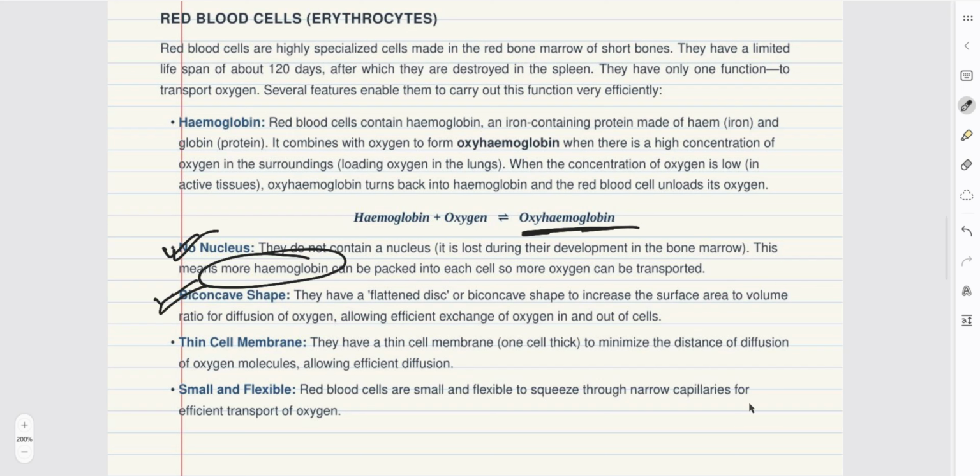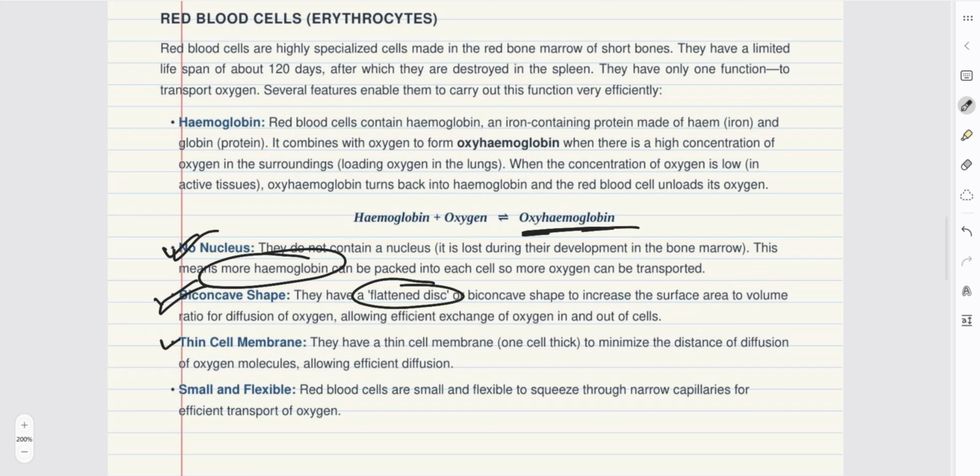It has a biconcave shape. What is the advantage of this biconcave shape? The smallest blood vessel is the capillary, right? This capillary lumen is very, very small, and only the red blood cell can pass through it by squeezing through the capillary lumen, and this is due to their biconcave or flattened disc shape.